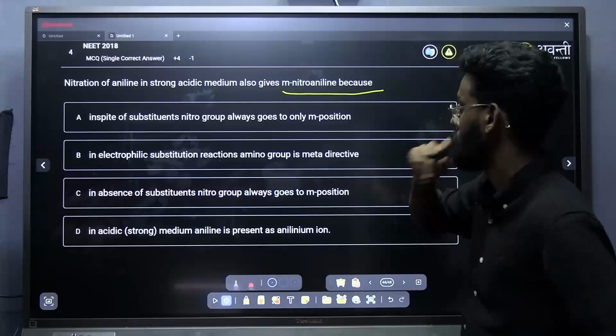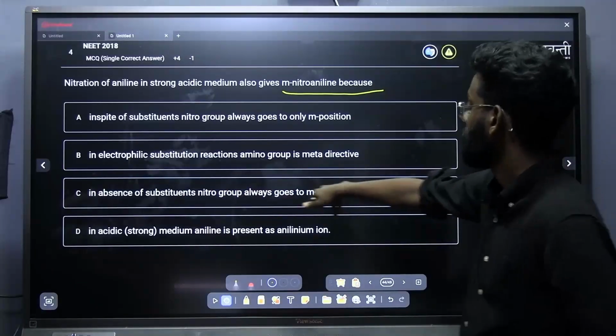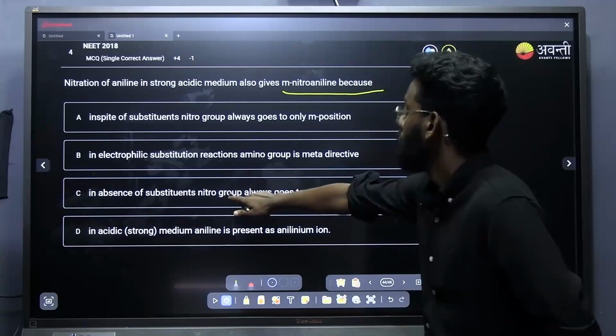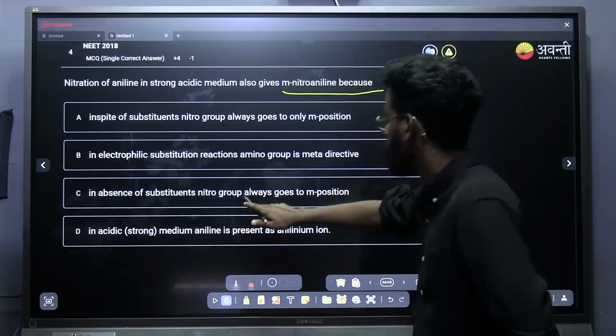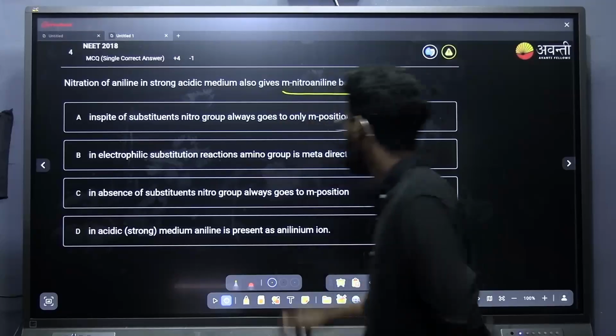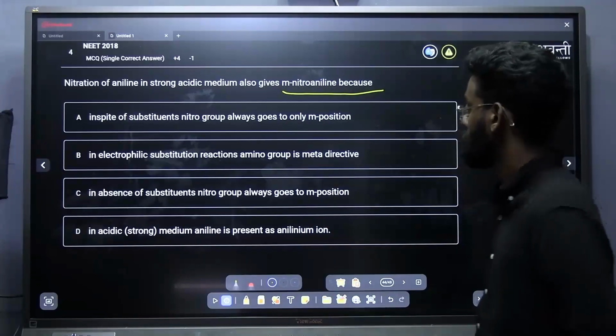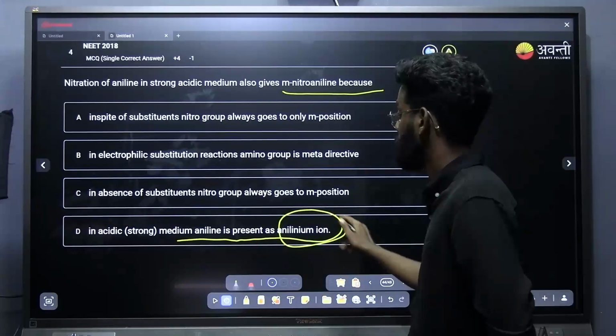Is it correct? No. In electrophilic substitution reaction, amino group is ortho-para directive. No way. In the absence of substituents, nitro group always goes to meta position. Is it? No. In acidic medium, aniline is present as anilinium ion.